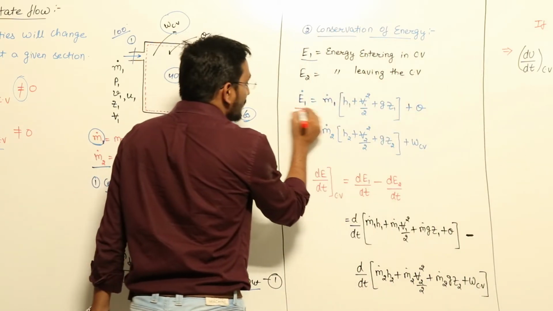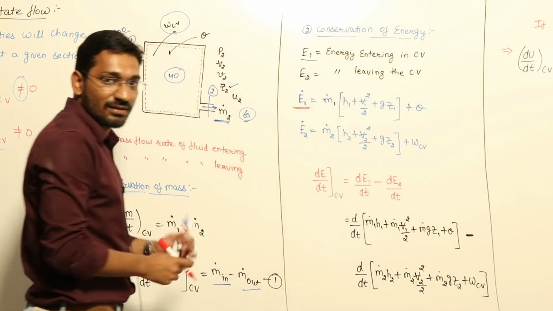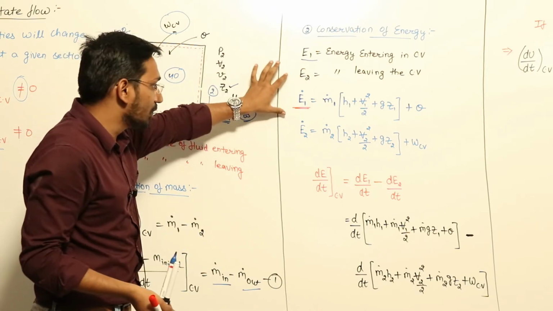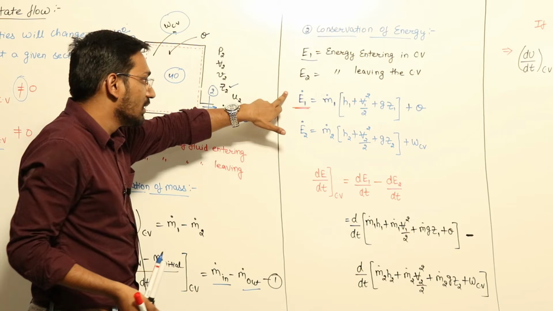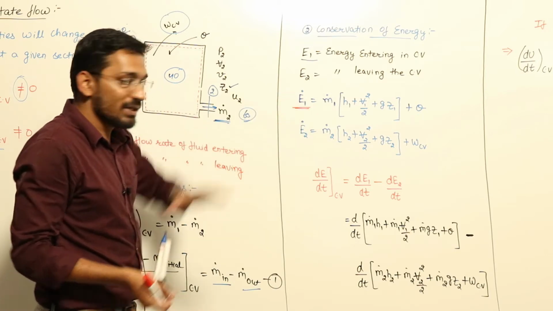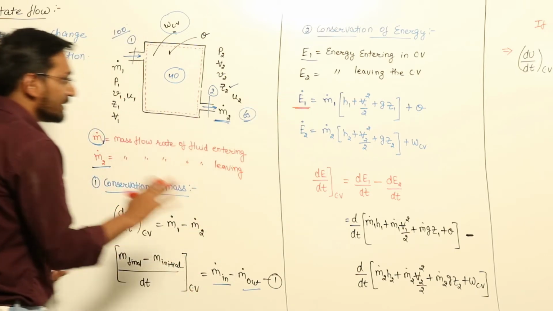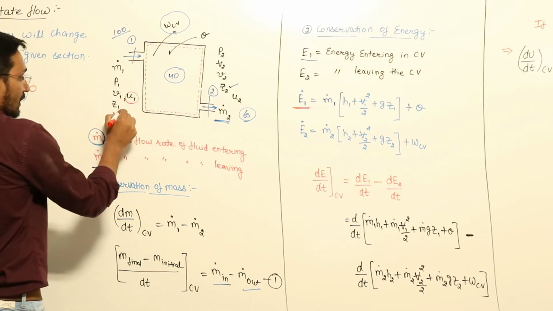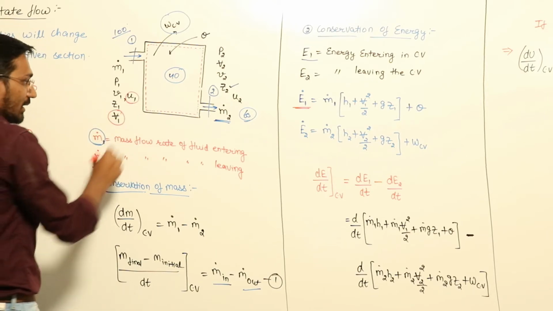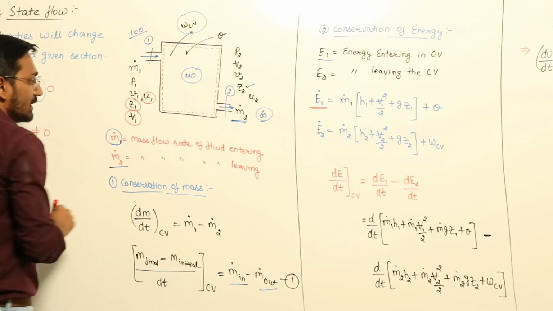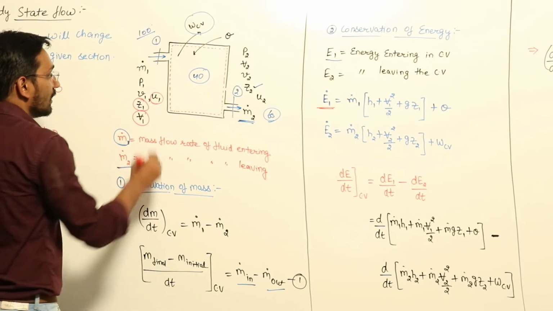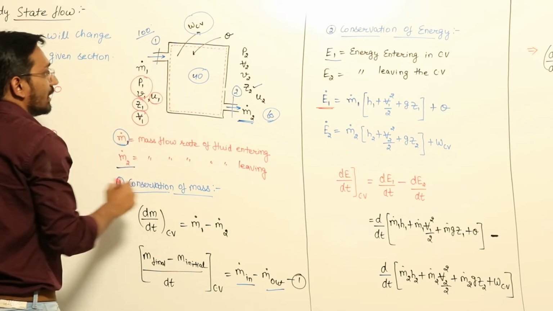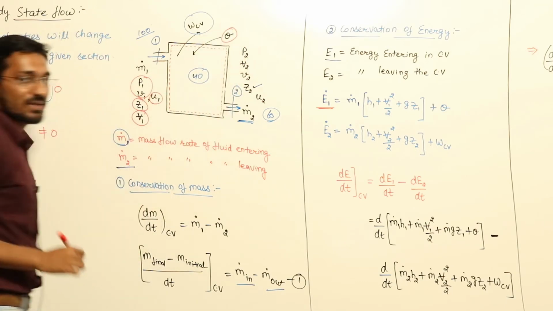So E dot 1, this is the rate of energy with respect to time; we are focusing on time because this is a continuous process. So E dot 1 is equal to, what is the energy coming inside? Energy coming inside is because of temperature, internal energy, because of velocity, kinetic energy, because of height, potential energy, because of flow, some flow work, and some heat is also entering the system.